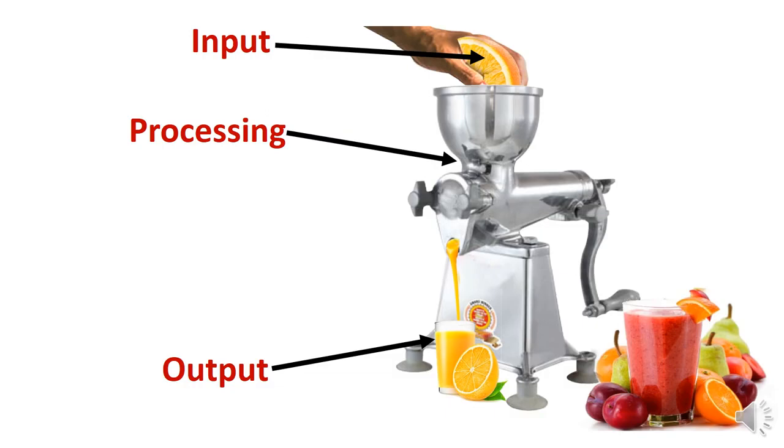If it is a fresh orange, I got a fresh juice. If it is a rotten orange, I got a rotten juice. So I provided the orange into the machine, processed it with the juicer machine, and from another end I got the juice.